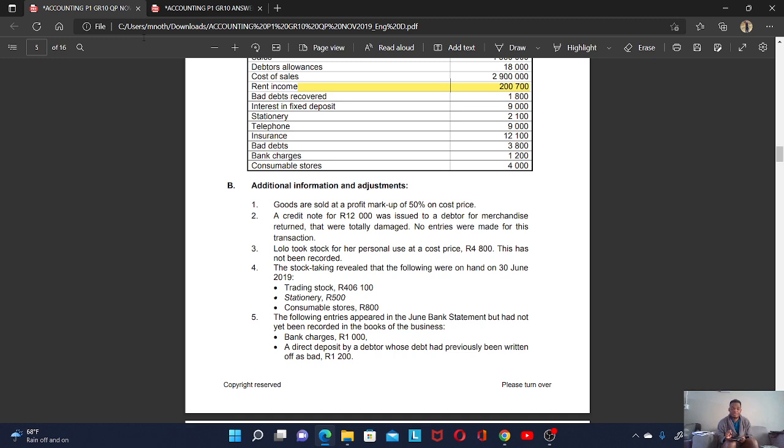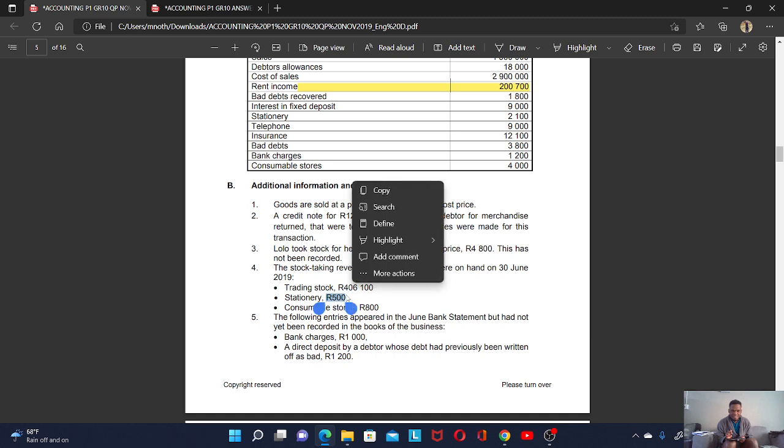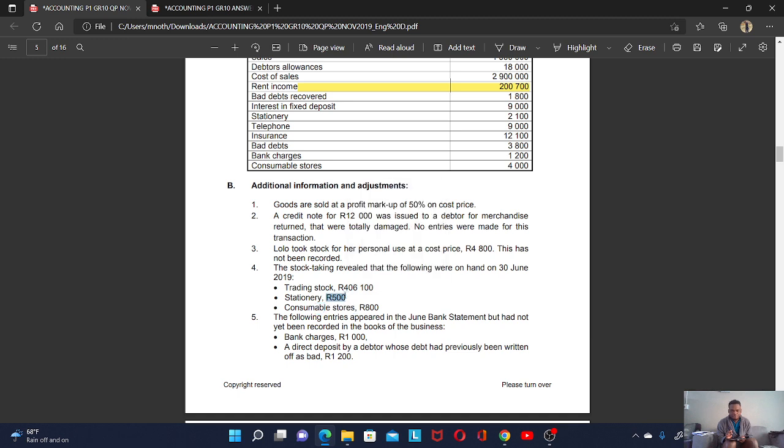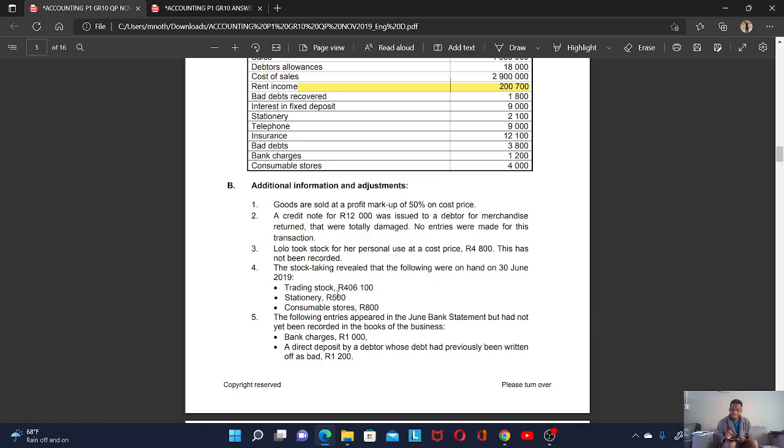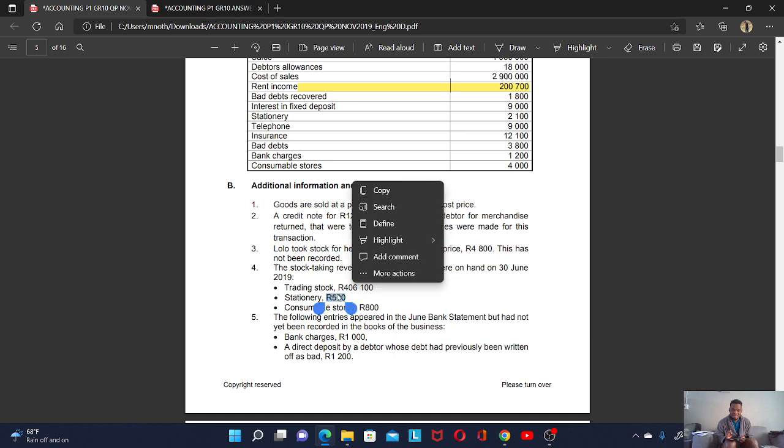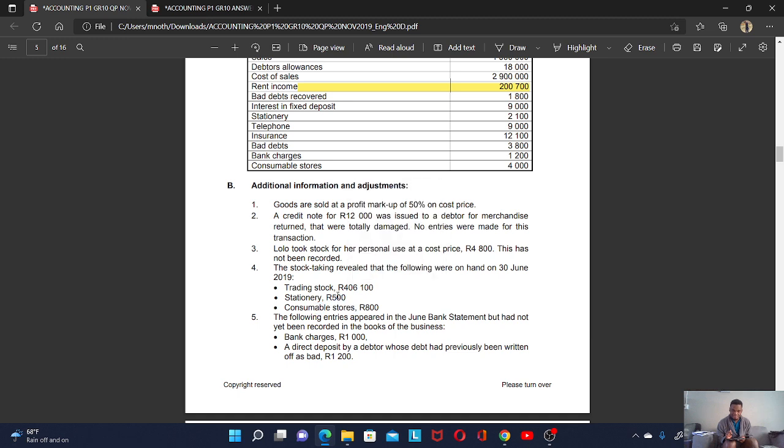If there is stationery on hand, that stationery is unused, so we have to treat it as an asset. You have to go to your stationery expense and subtract that 500, because this 500 is no longer an expense now that it is unused. If it's unused, the business can sell it. So this stationery is an asset.